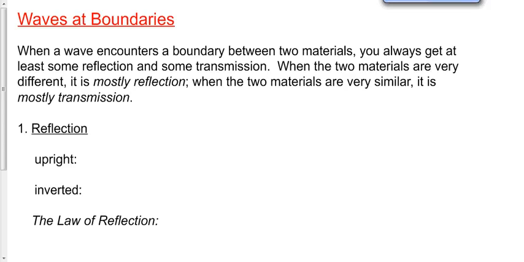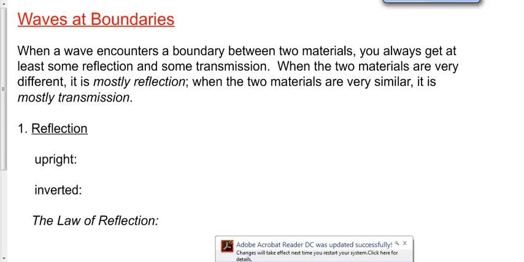Well, we know that whenever we encounter that boundary between two different materials, there's always at least some of two different things that happen. There's always going to be some reflection and always going to be some transmission. Sometimes you get way more reflection than transmission. Sometimes you get way more transmission than reflection.